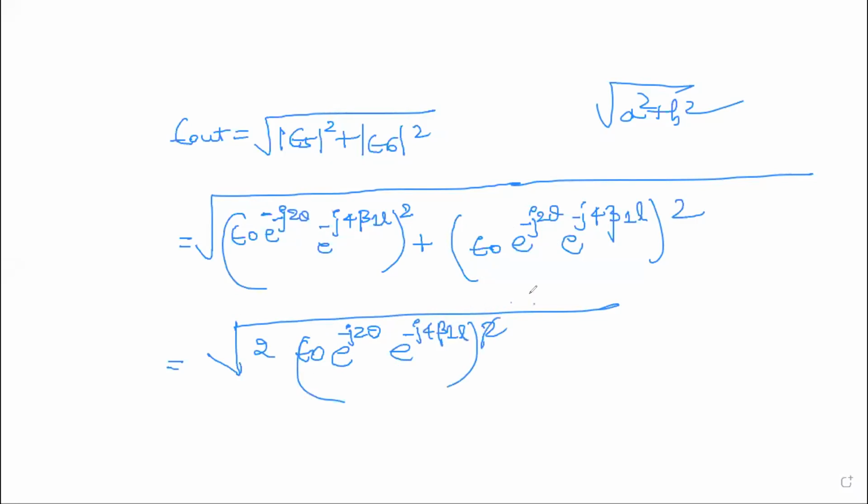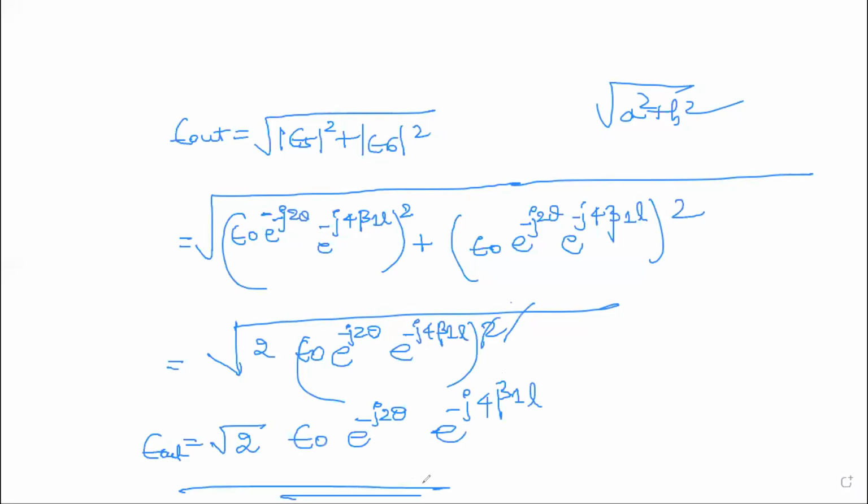So the square and the square root will get cancelled. You will have the magnitude root 2 E naught e to the power minus j 2 theta e to the power minus j 4 beta 1 L. So this is the final equation of E out in terms of magnitude for your precision phase shifter. Understood?